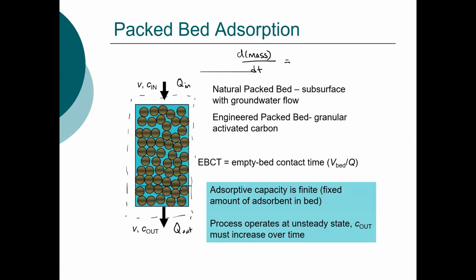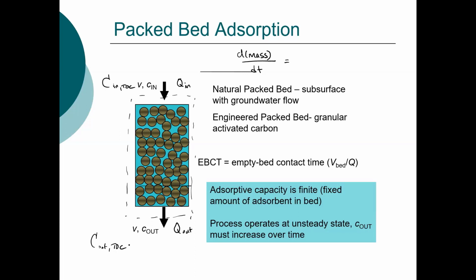If we're looking at removing a contaminant, it doesn't matter what it is. Later on, we're going to look at total organic carbon. So we'll say this is the concentration in of total organic carbon, and we have the concentration out of total organic carbon.